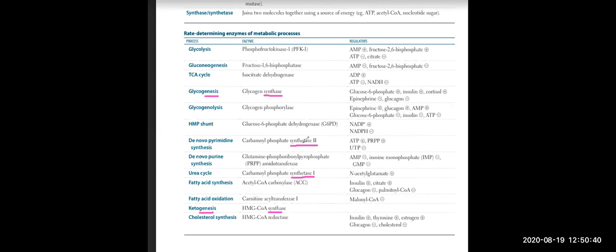Okay, and then you have synthetase 1 and synthetase 2, and you see the names of the enzymes are exactly the same. We have carbamoyl phosphate synthetase 1 and carbamoyl phosphate synthetase 2. So the only difference lies in 1 and 2. One of them is of de novo pyrimidine synthesis and the other one is of the urea cycle. So even the processes are two different, like this is pyrimidine and this is urea.